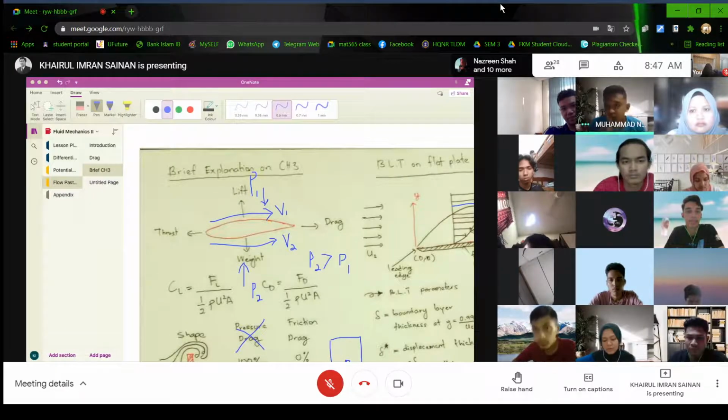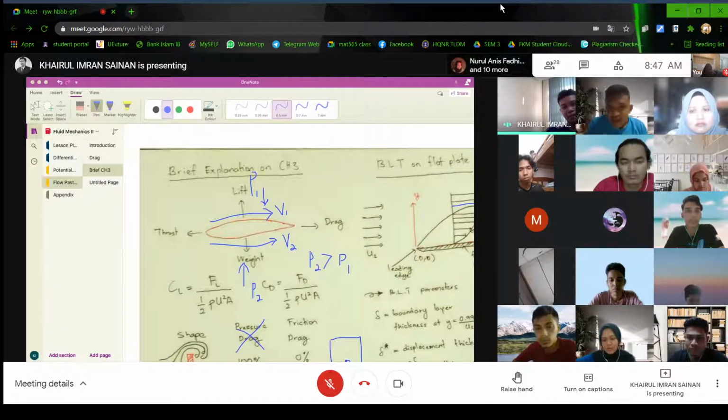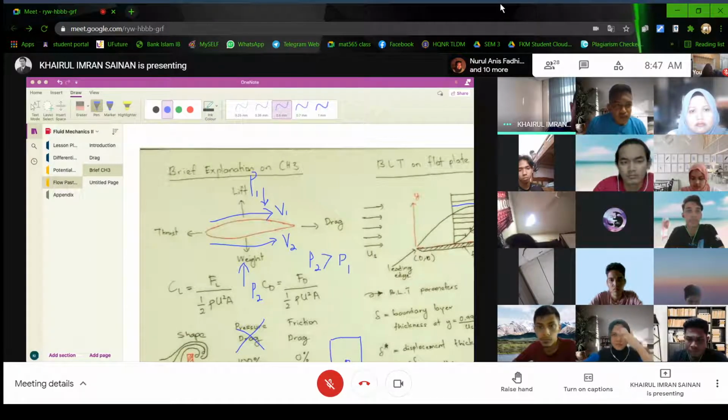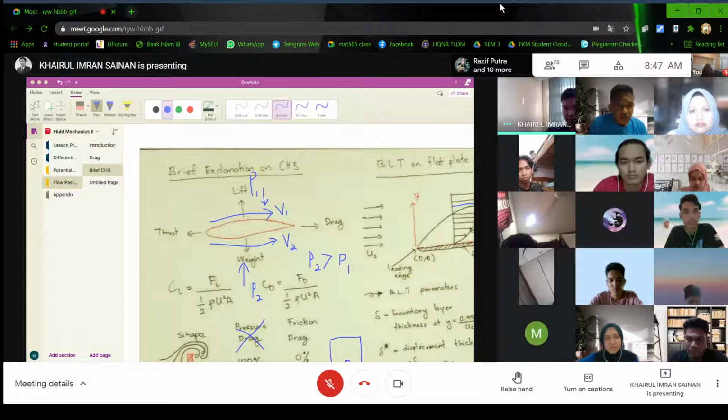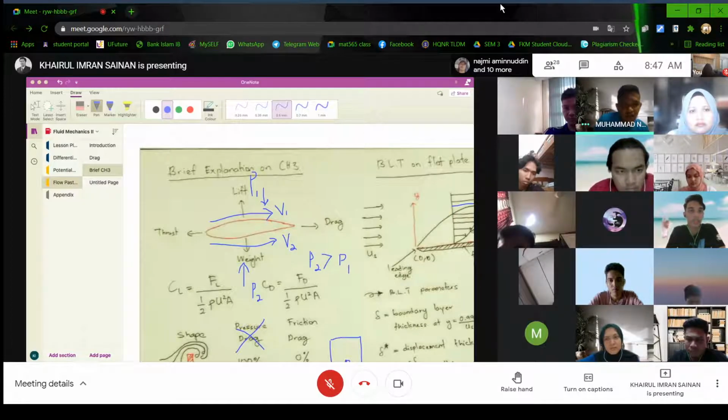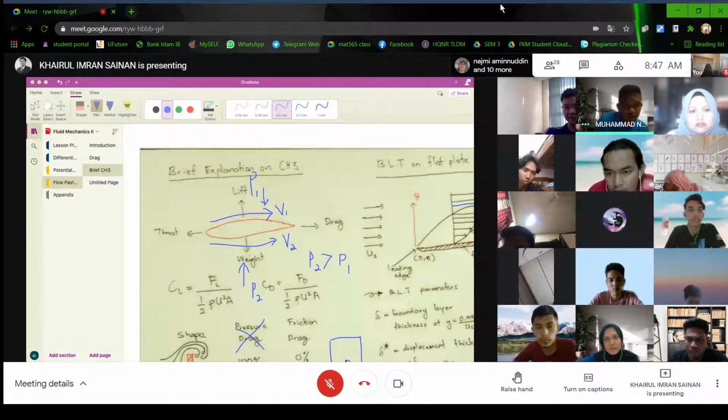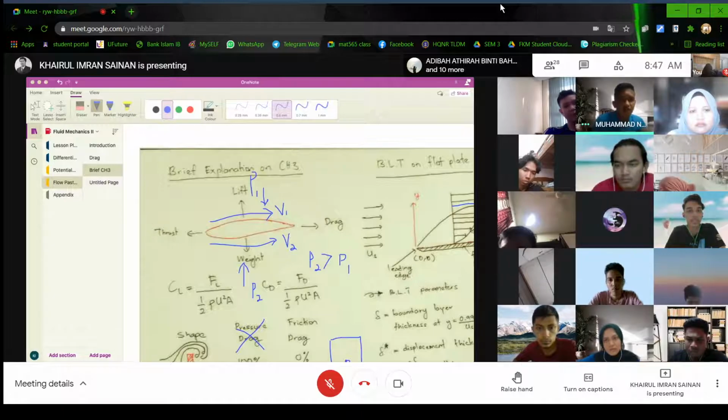Okay, what is the curb weight? I mean the gross weight. 200 kg? Huh? Only 200 kg?